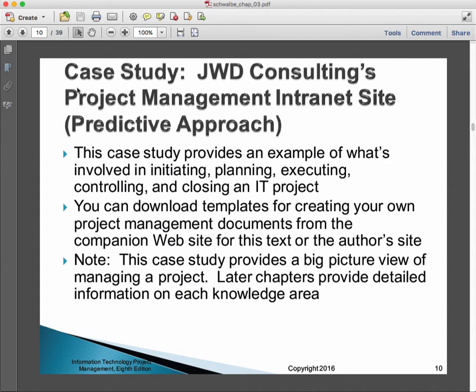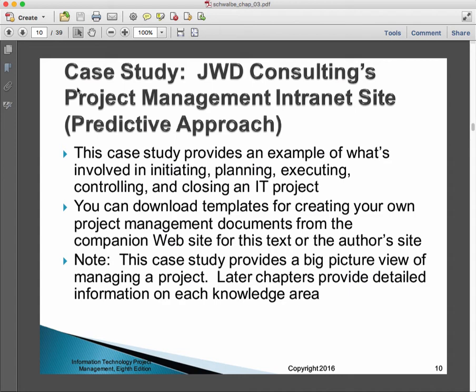So here's the project we're going to be taking a look at in the chapter. It's a consulting firm called JWD, and they're a consulting firm that wants to show off their project management expertise.